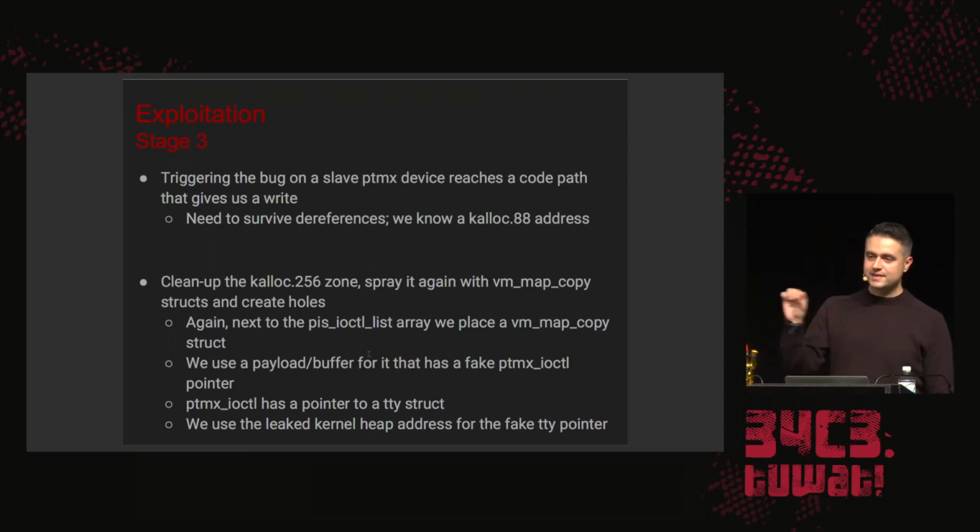And remember that the first element of the PTMX IOCTL struct is a pointer to a TTY struct. And I can use the leaked address I have for this pointer that I didn't know where to point to.